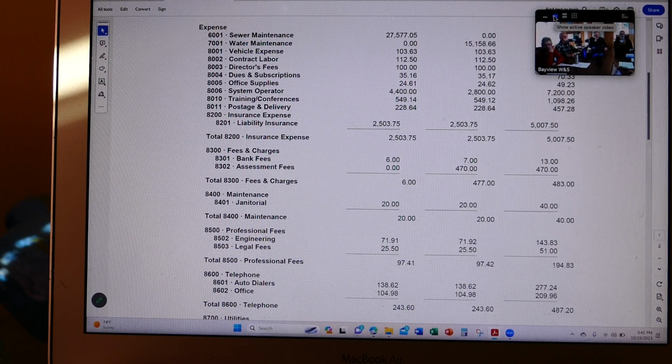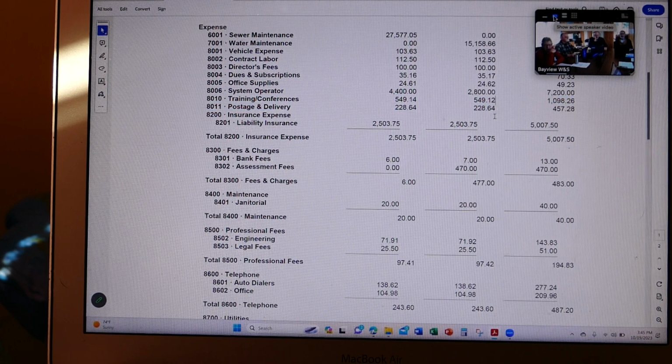Dean is done early this month, so we'll have half that monthly cost next month. Director fees, routine dues and subscriptions, office supplies, just some paper and whatnot. Consistent across the board with our sewer operator fees. And then we did see our training and conferences that rolled in for some hotel costs and things like that for Clint and I.